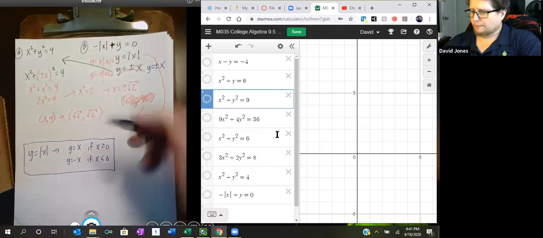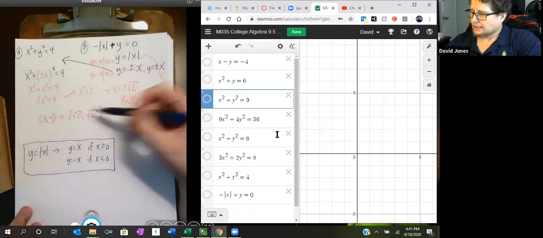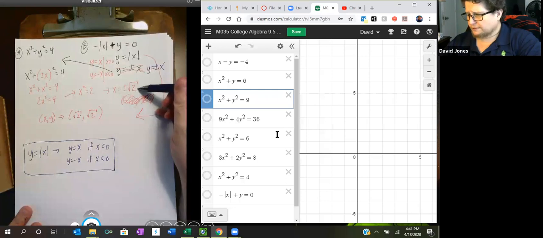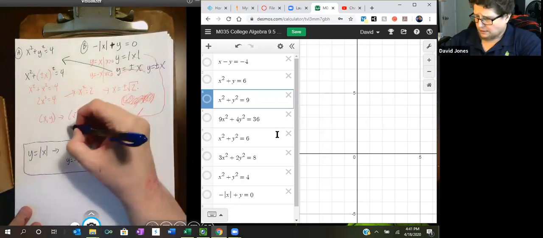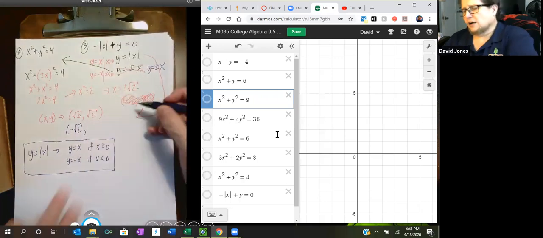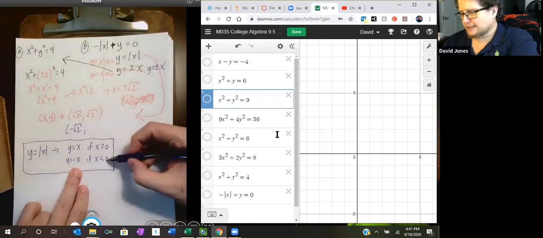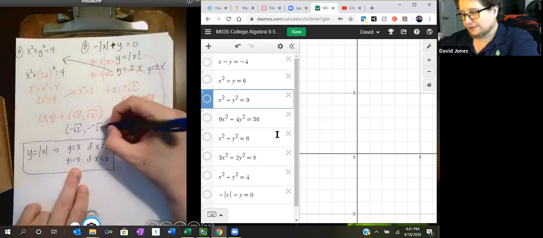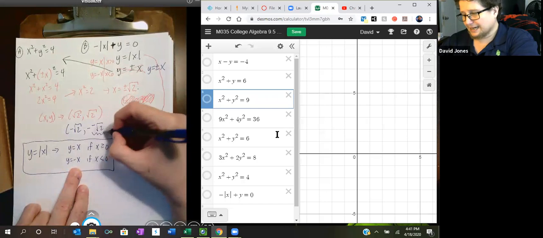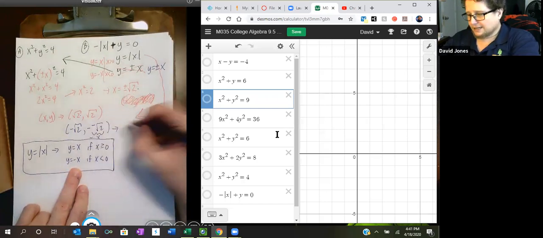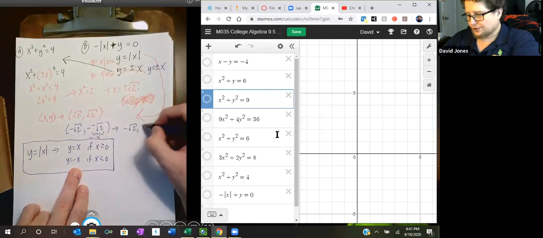So when I plug in positive square root of 2, I get square root of 2, and the other option for x was negative square root of 2. Y equals, when x is less than 0, it's the opposite of that, negative square root of 2, because that's x. So this is negative x. And this gives us negative square root of 2, square root of 2.